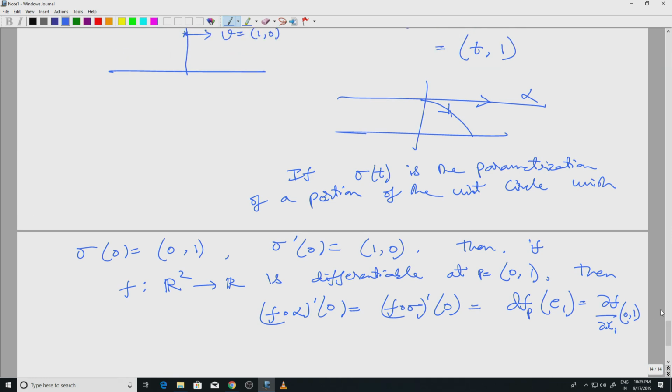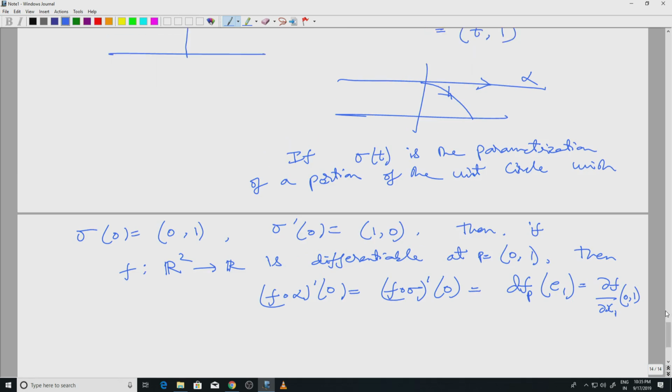Right. So as a small exercise, one can write down the explicit equations for this sigma of t. The normal parameterization of a circle would be something like sigma of t is (cos t, sin t).